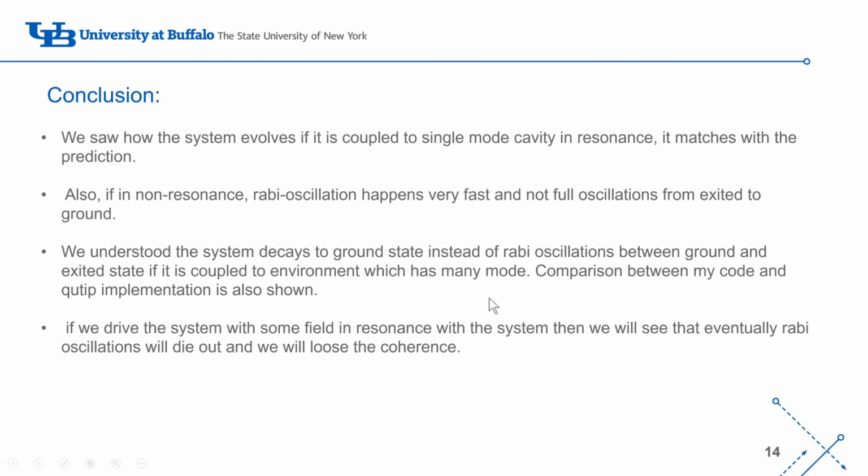No more oscillations. That we also saw from my code and the QuTiP implementation. And then if we drive our Transmon at some resonance frequency, the Rabi oscillations that we were seeing will eventually die out and we will lose the coherence.